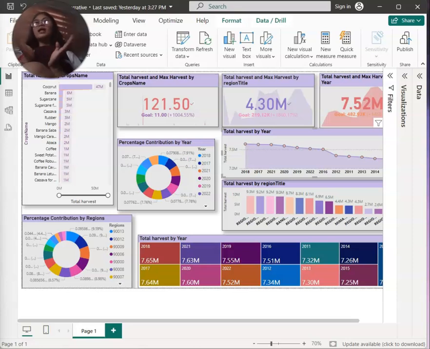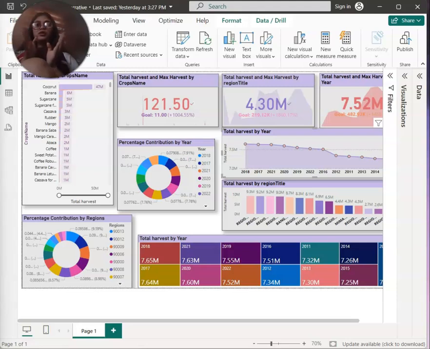This type of analysis is crucial for stakeholders such as farmers and agricultural organizations, as it provides actionable insight into optimizing agricultural output and addressing disparity.